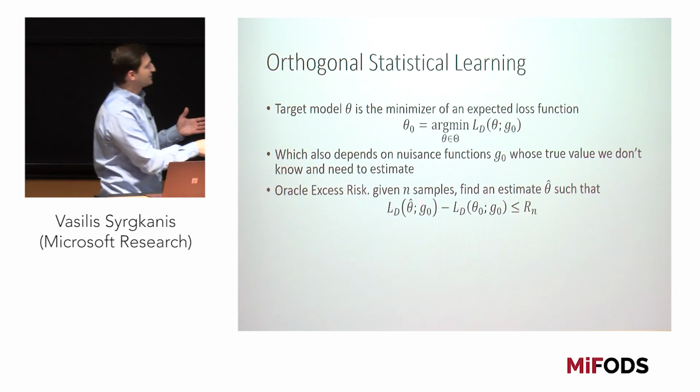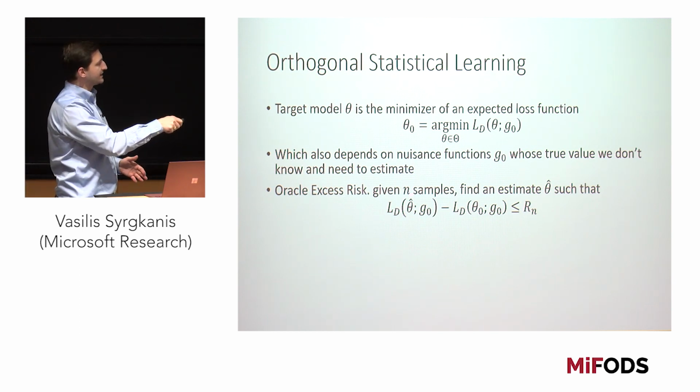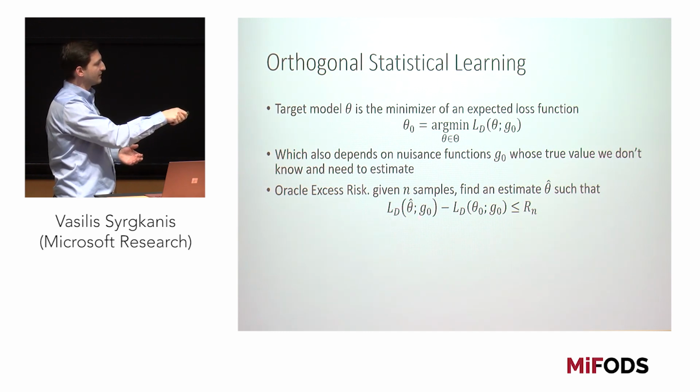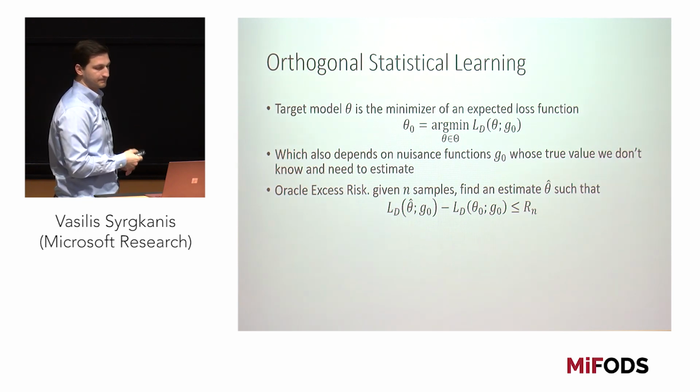What you care about is achieving good oracle excess risk. So given n samples, find the model theta hat such that the difference in the population loss, when evaluated at the true nuisance functions, between theta hat and the minimizer is at most some rate Rn.